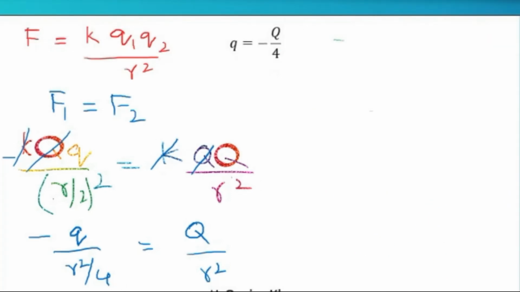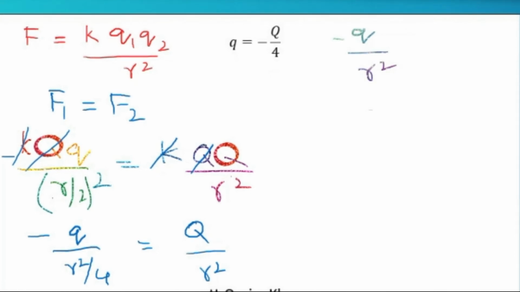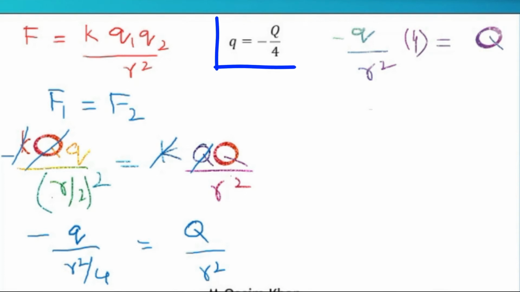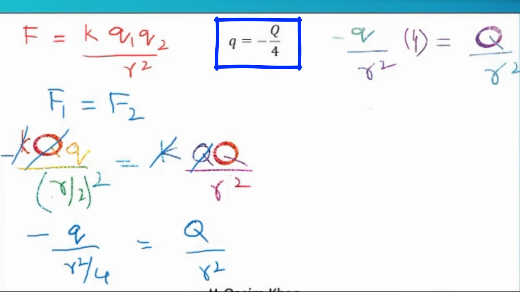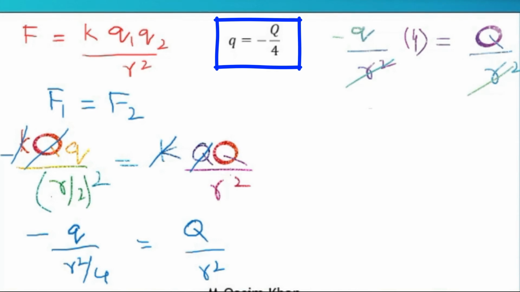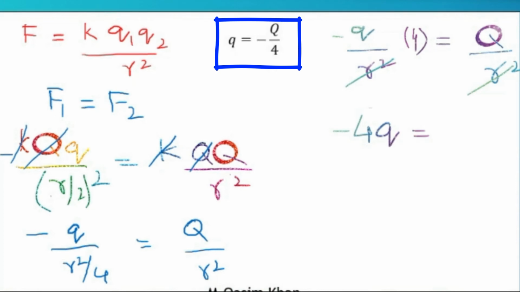So negative q by r square, and the denominator goes with small q, so here I have 4, which is equal to Q by r square. Again r square cancels from both sides, so what we are left with is negative 4q equals capital Q.